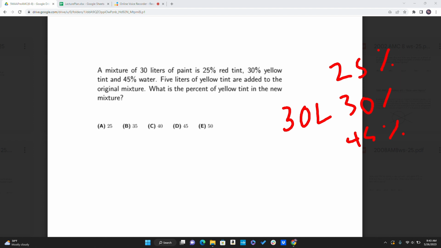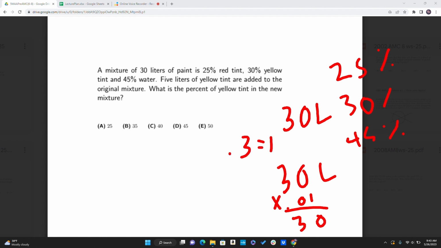So we've got 30 liters, so 1% of that we would find times 0.01, that would be 0.3. So 0.3, that's 1%. So if we wanted to find what percent was the red tint, we can multiply that by 25, right? Or 30% yellow, we could multiply that by 30.